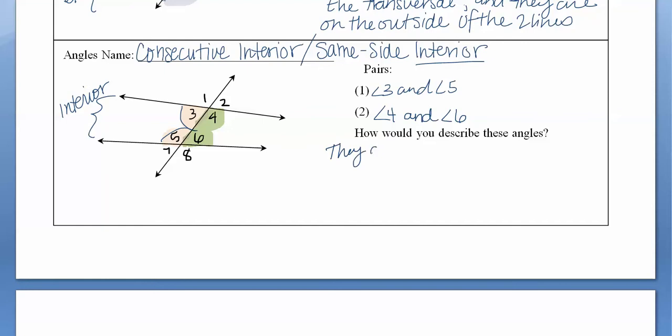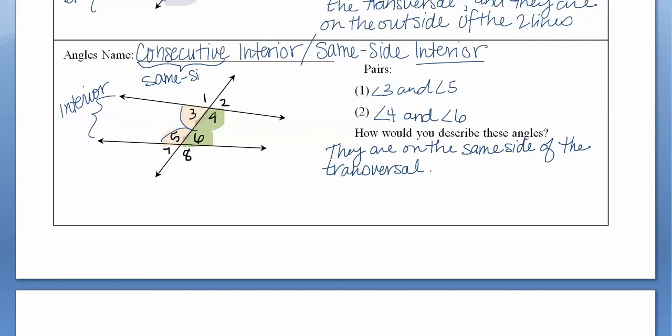They are on the same side, hence the name, of the transversal. Consecutive is a word that is another way of saying same side. And they are inside of the two lines.